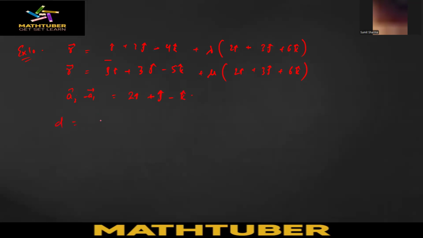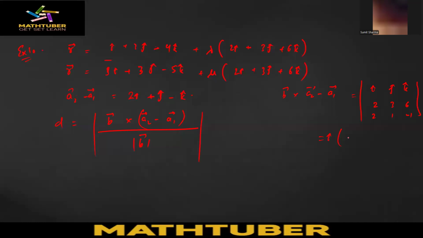So the value for d is b cross a2 minus a1 vectors divided by the magnitude of b vector. So let us first find out b vector cross a2 minus a1 vector here, which is the determinant of i, j, k; b vector is 2, 3, 6, and this is 2, 1, minus 1.